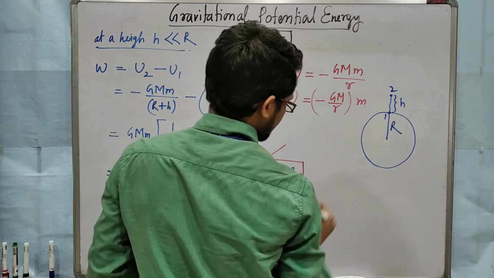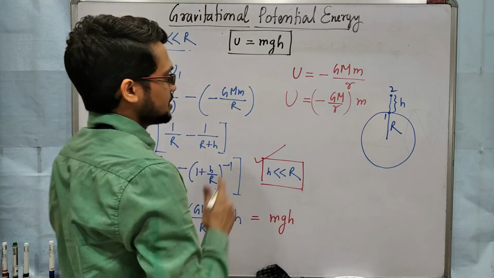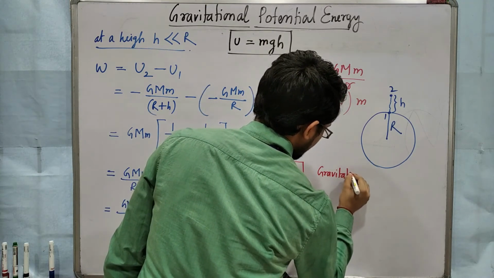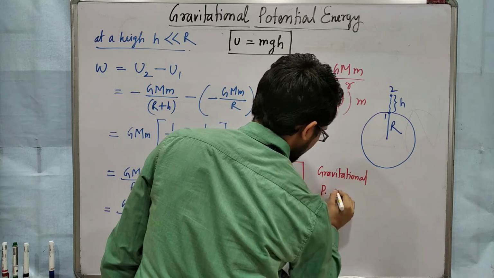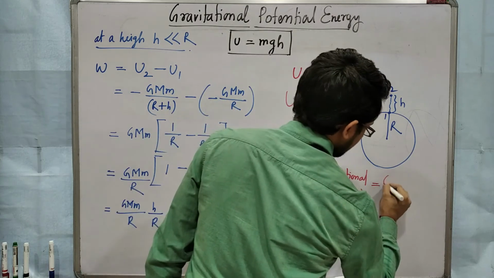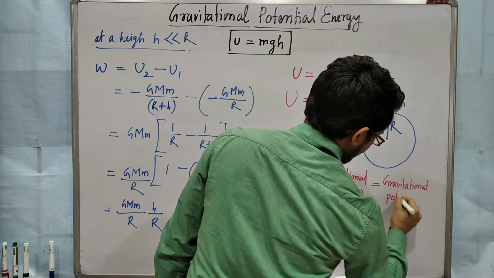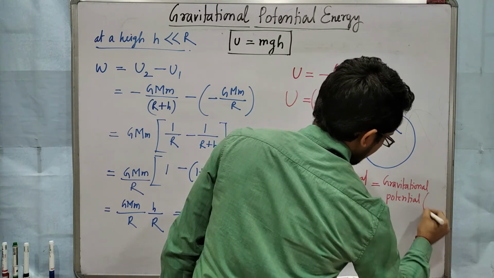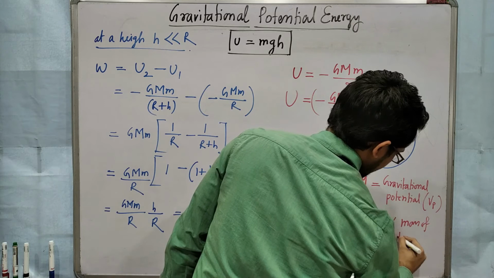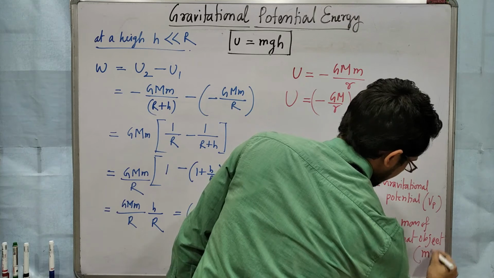So gravitational potential energy, denoted by U, equals gravitational potential Vp into the mass of that object, which we are bringing from infinity.